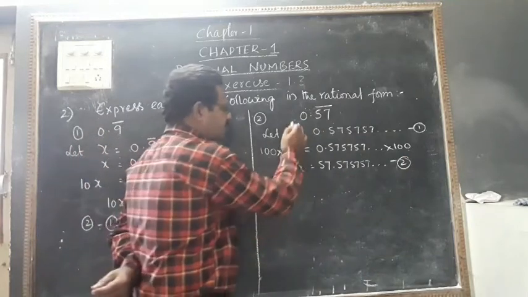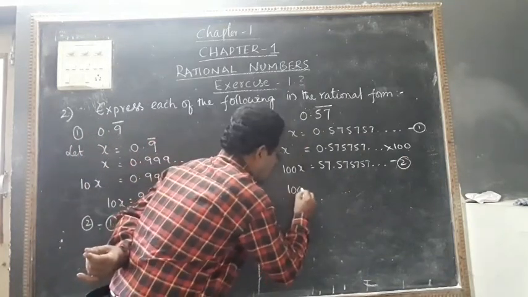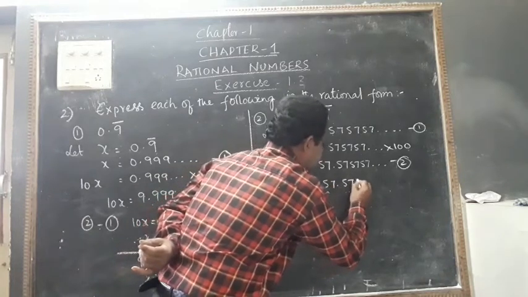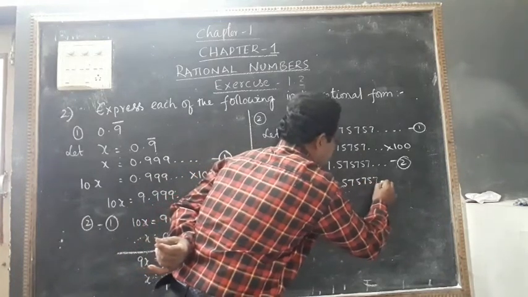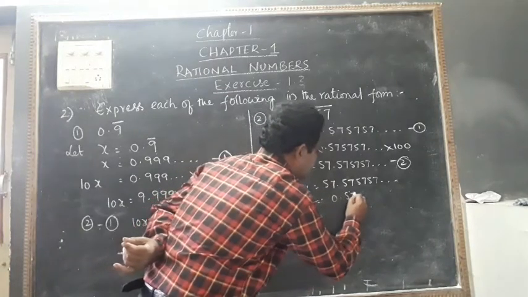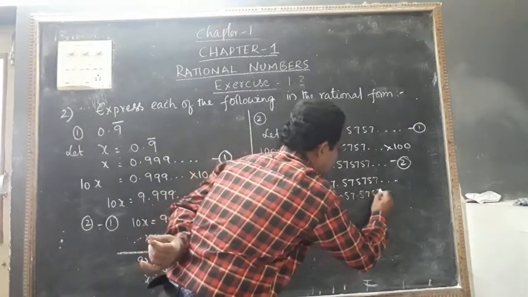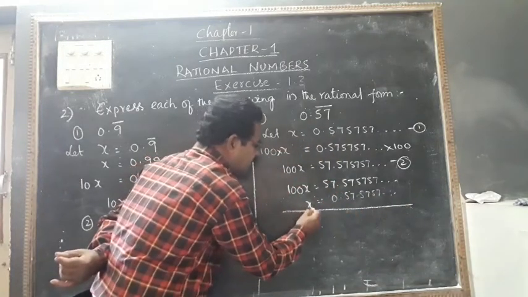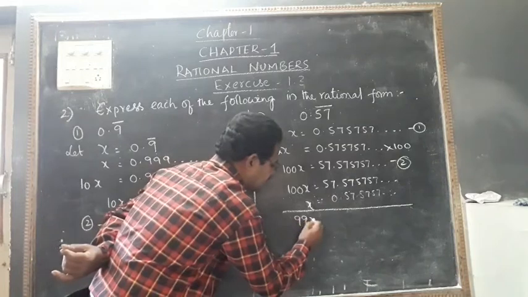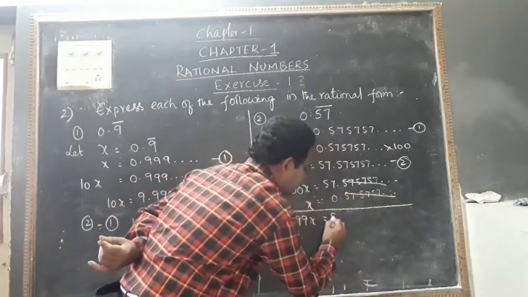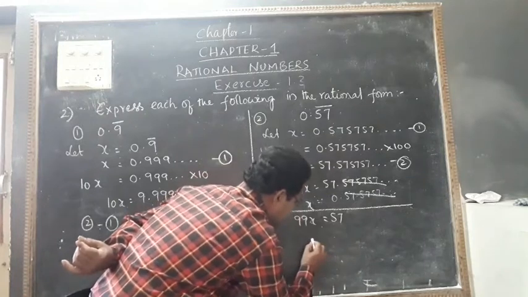So second equation minus first equation. 100x is equal to 57.575757 up to so on, and x is equal to 0.575757 up to so on. If you subtract these two, 100x minus x is equal to 99x, and after the point this will become 0. The final answer is equal to 57.